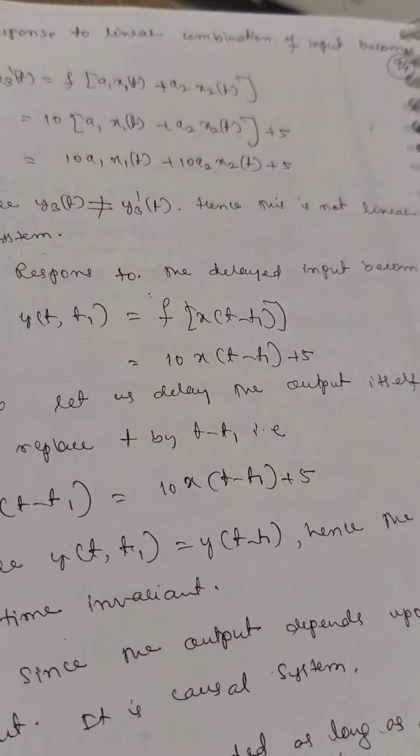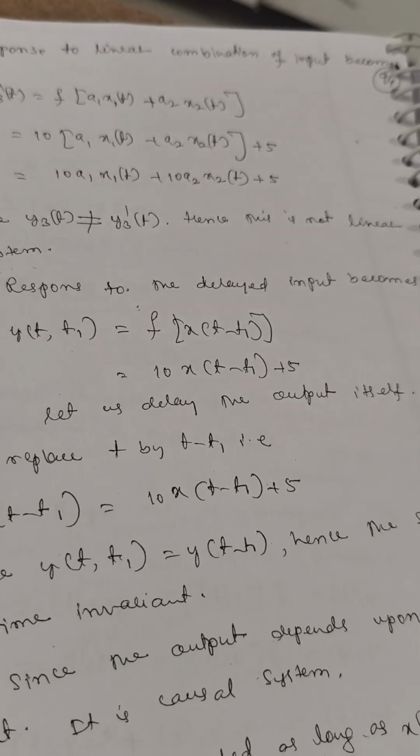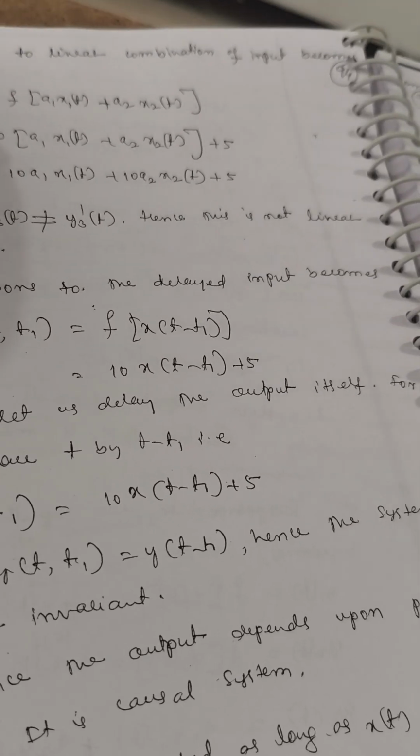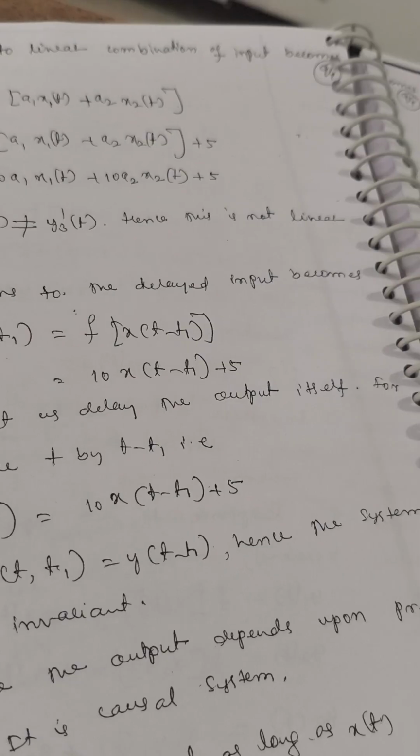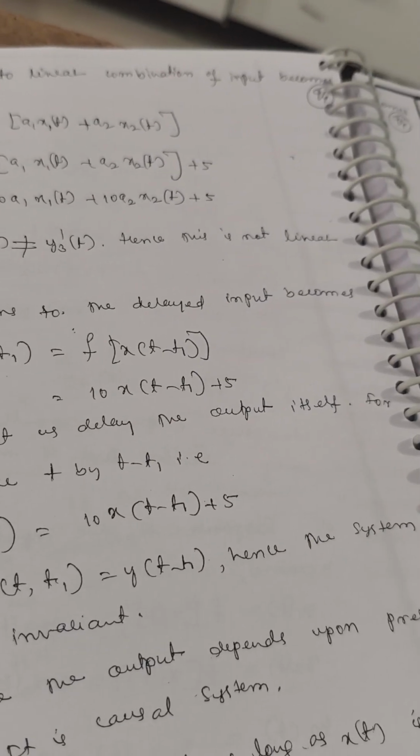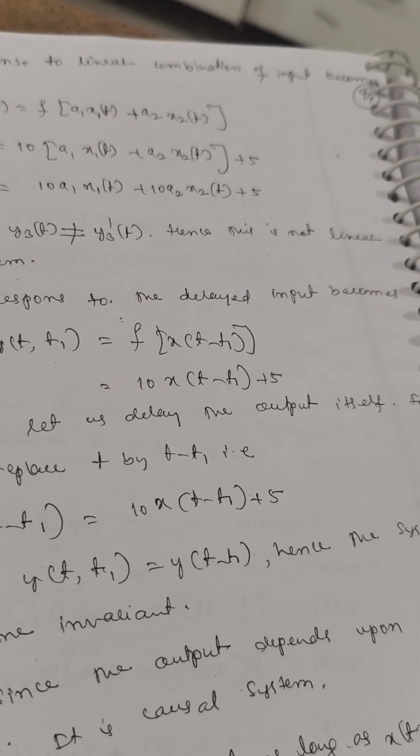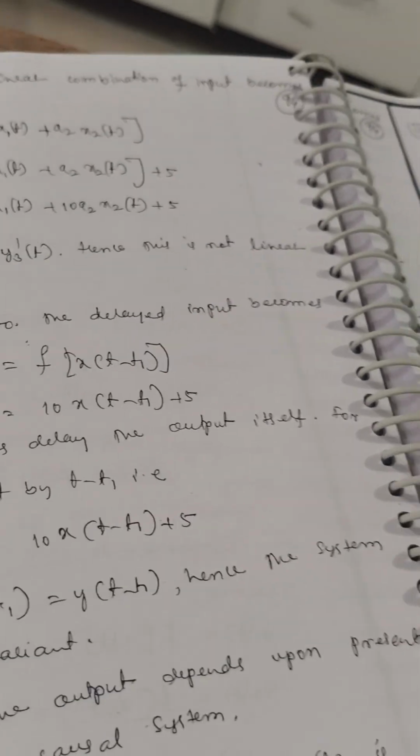In the equation, 10x of t is there, and that will be replaced by t minus t1. Therefore it will be 10x of t minus t1 plus 5.